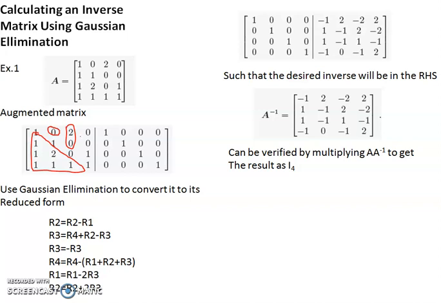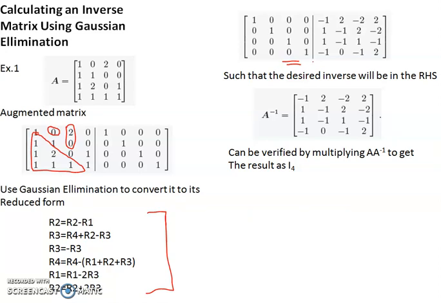Keeping all this in mind, we convert the given matrix and you will get a result like this. You can try this example and see whether you get this result. These were the different operations performed on the matrix to get this result.